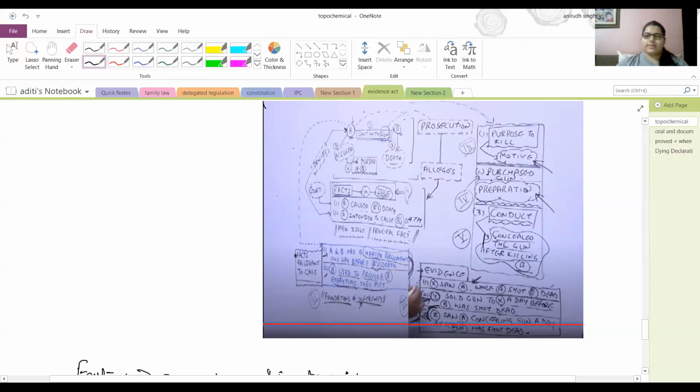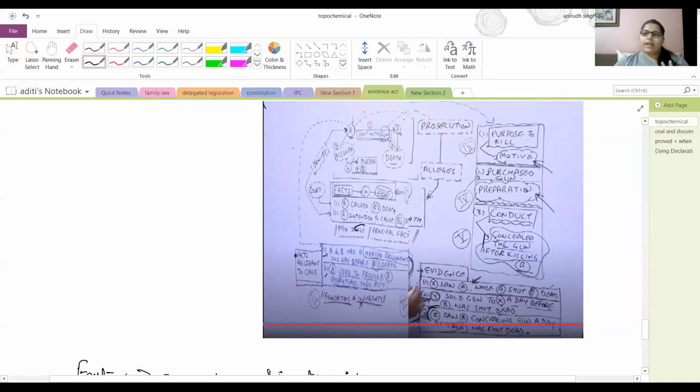So this is an example that I'll portray in front of you: A shot B with a gun, right? So in this particular case, A is the accused and B is the victim. A will be denying the allegations put upon him, and B will be the prosecution, and they will allege that A was the only one who committed the crime.